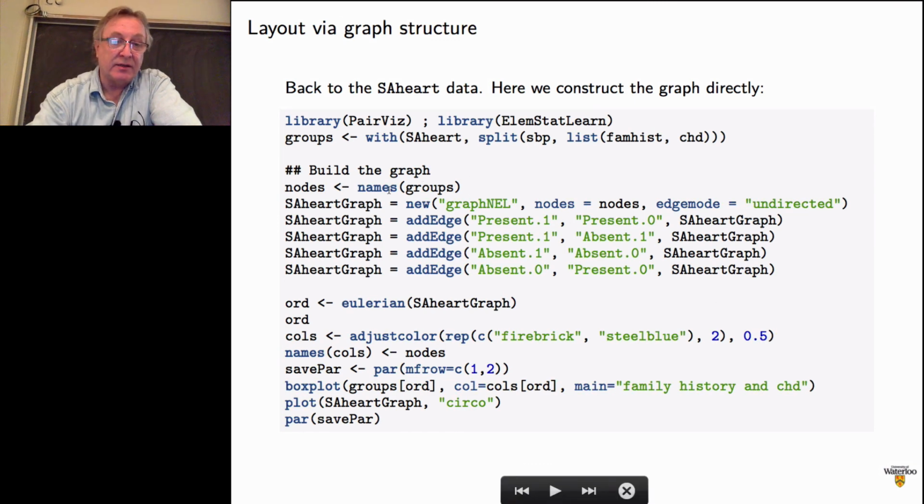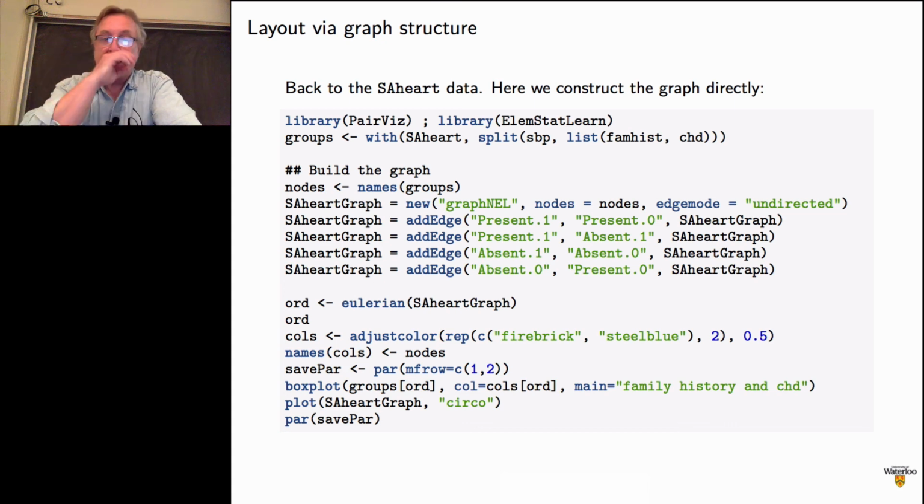So we can, in fact, say, I'm going to make a graph object, this graph nil, with nodes given by these names, and make it undirected, and then just add all the edges that I'm interested in. So you can actually build the graph up from the bottom if you have things that you know you're interested in.